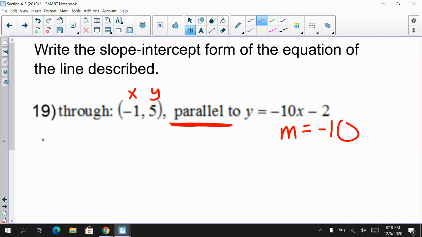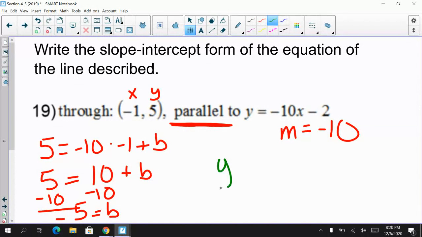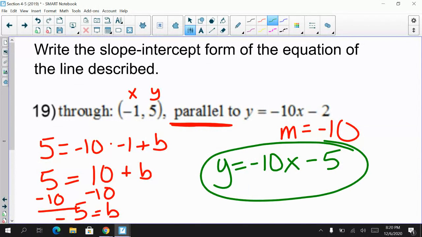So let's plug in. y equals mx plus b. -10 times -1 is +10. Subtract 10 from both sides, and b equals -5. Write your equation. y equals -10x minus 5. Always solve for b.